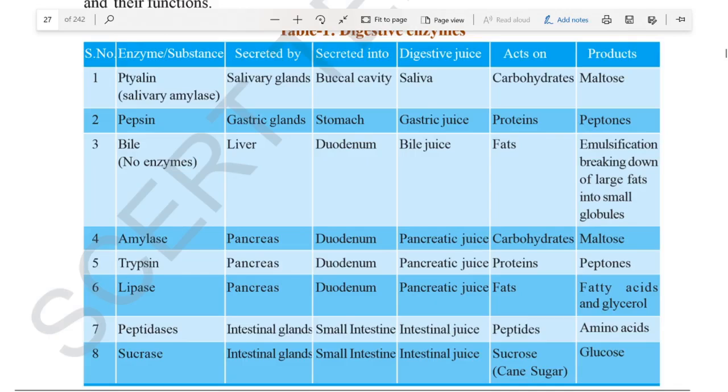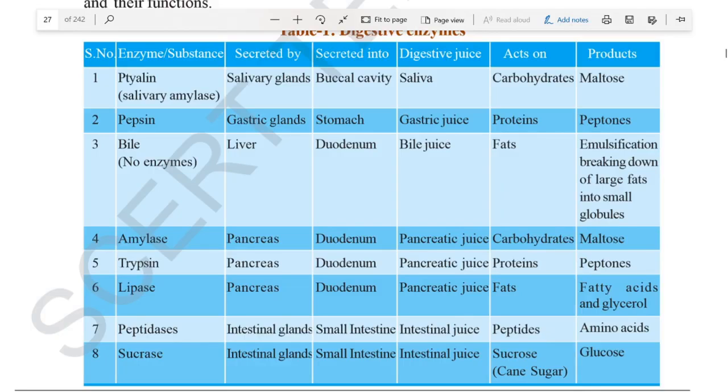You should remember these names. You can remember them as PPB at LPS labs. P for ptyalin, pepsin, bile. So ptyalin, pepsin, bile, PPB; at amylase, trypsin, labs; LPS: lipase, peptidases and sucrases. Like that you can remember.